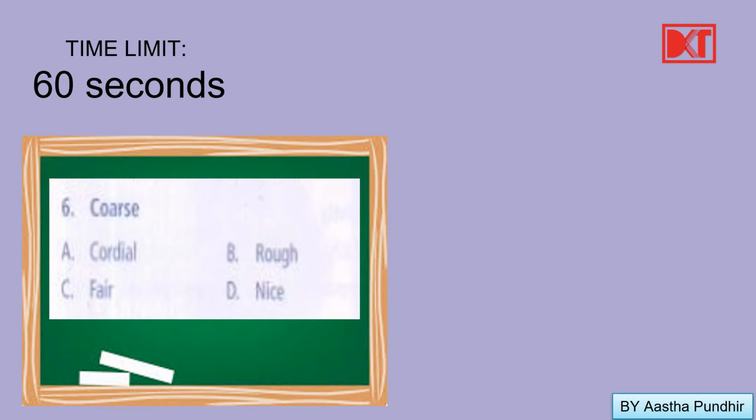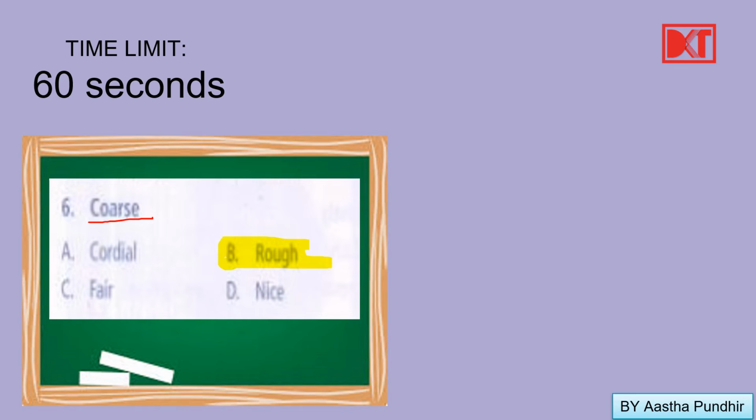Alright, so here we have the word coarse. The options are A, cordial, B, rough, C, fair, D, nice. Coarse could be the synonym of, here, B, rough. It's pretty easy to figure out what coarse means. It means rough. Okay.